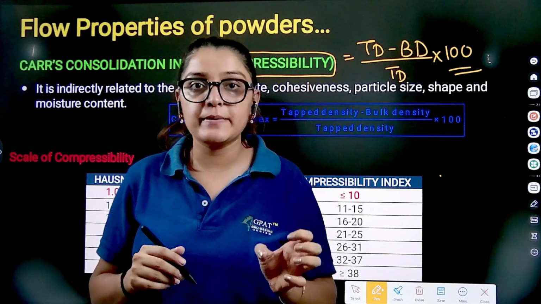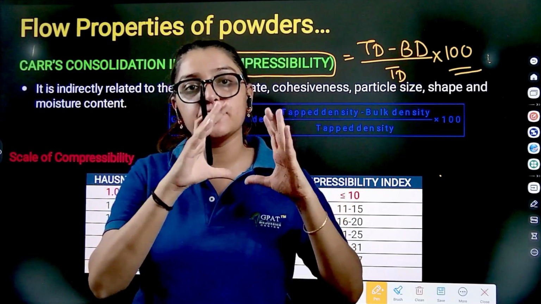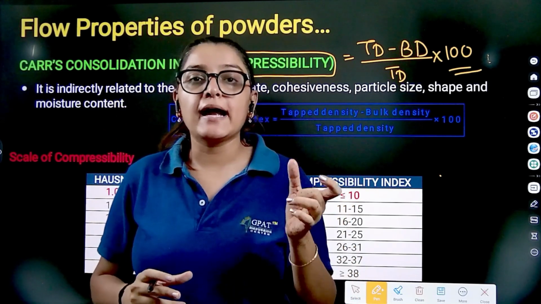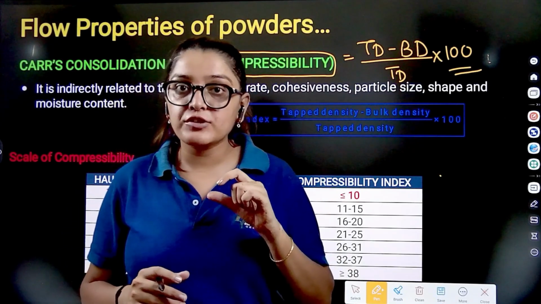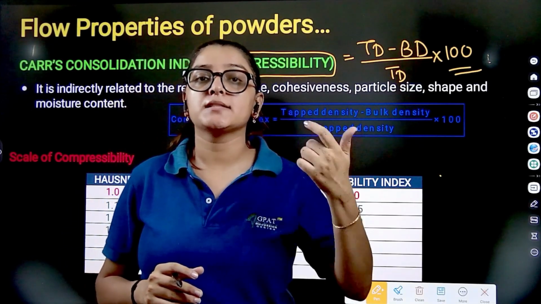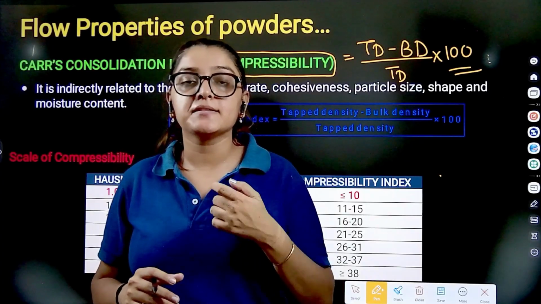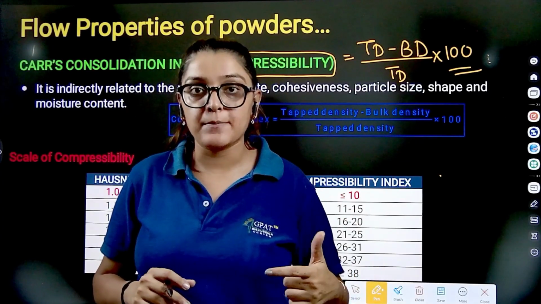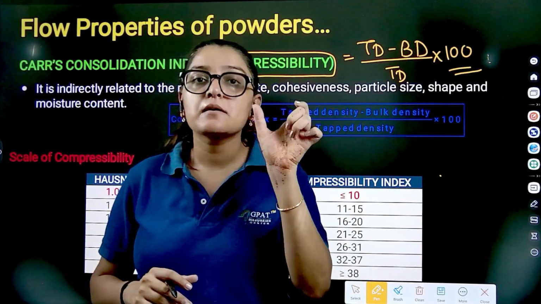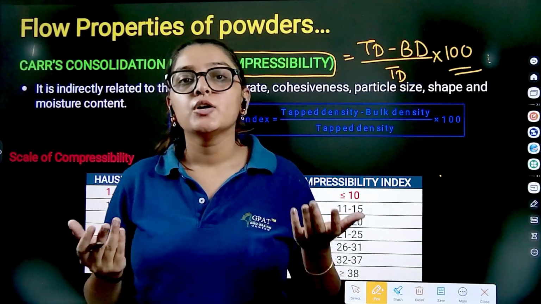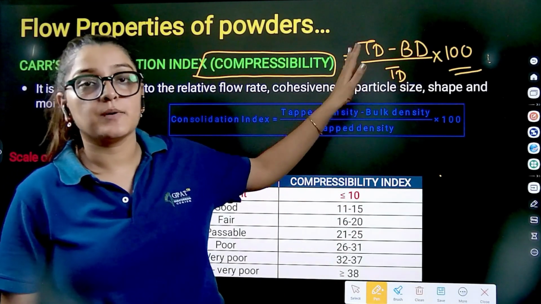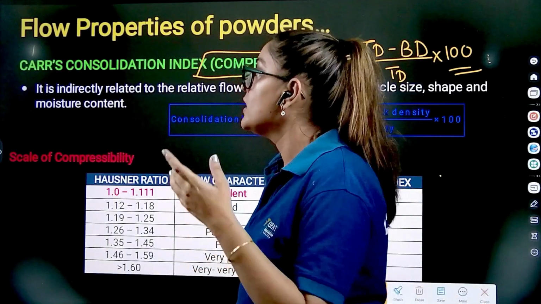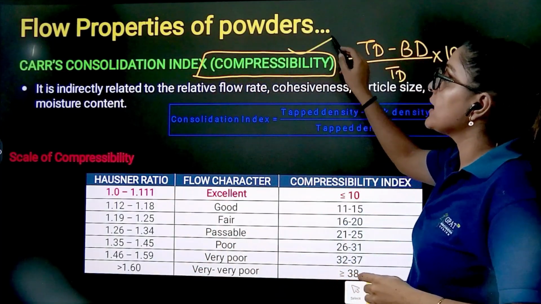The voids will be eliminated, and the powder geometry will now be different. So that will be tap density. With the initial amount of that powder, you get the mass upon volume. So tap density is mass upon tap volume. Bulk density is mass upon bulk volume. So you just put the calculated values as tap minus bulk upon tap into 100. So this is our Carr's index.